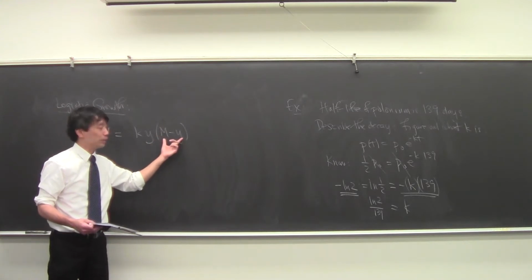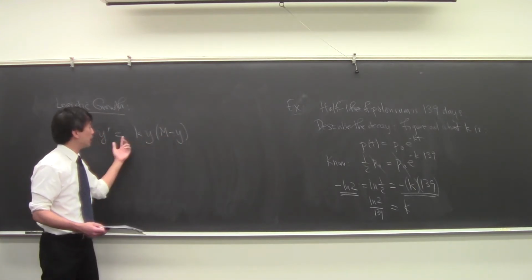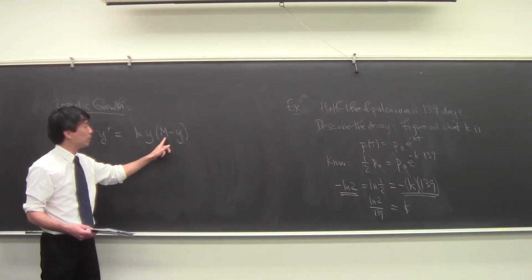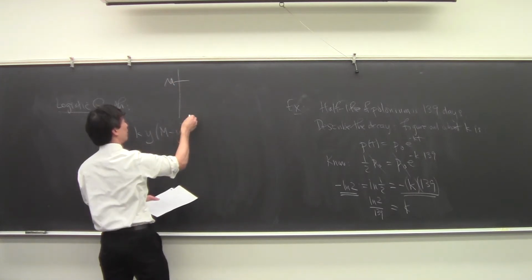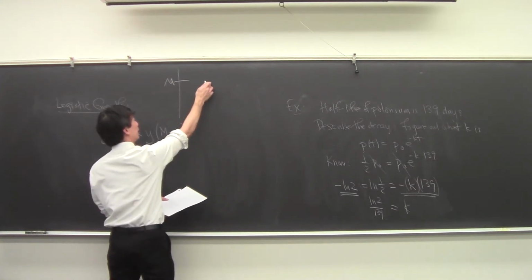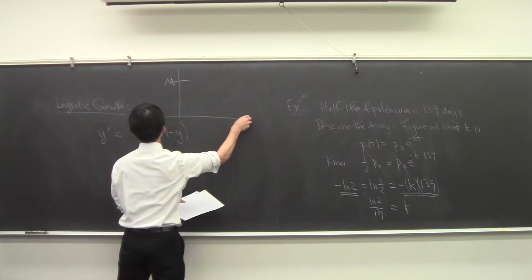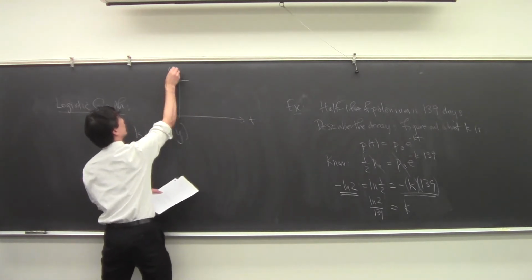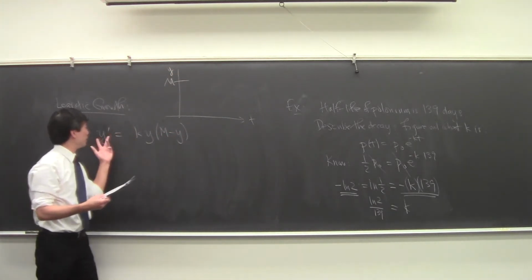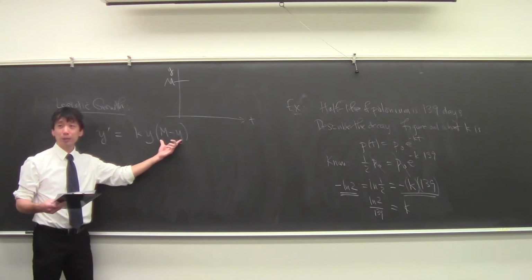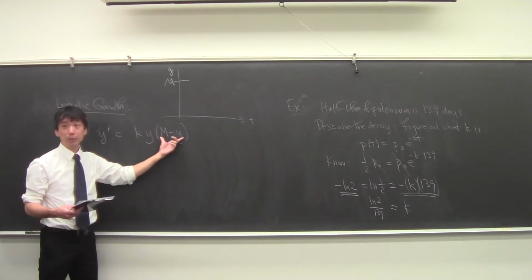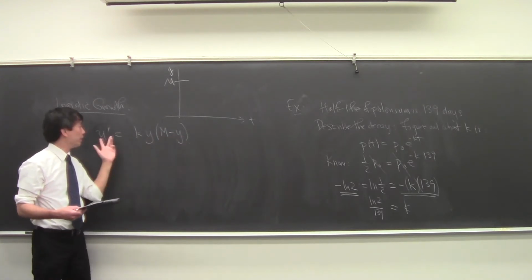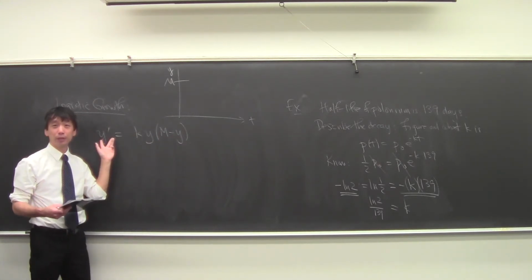So you see what happens with this term as you get closer to some maximal number. Thinking like this, there's some number m, and as y gets closer to m, well, your rate of change gets multiplied by a smaller and smaller number, right? So if you get really close to m, you're multiplying by a tiny number, and your rate of increase is going to shrink, right?